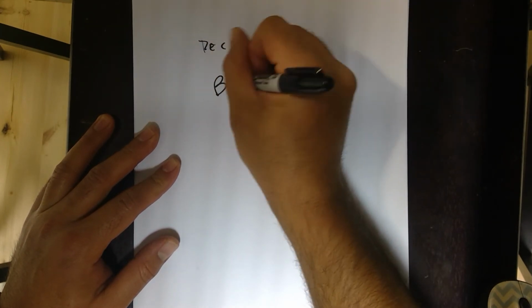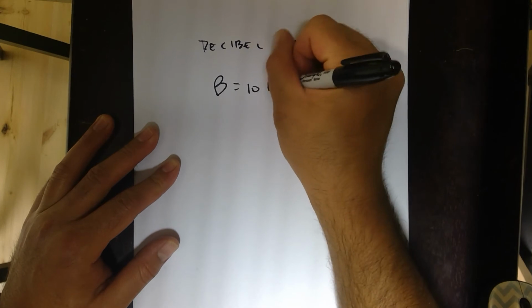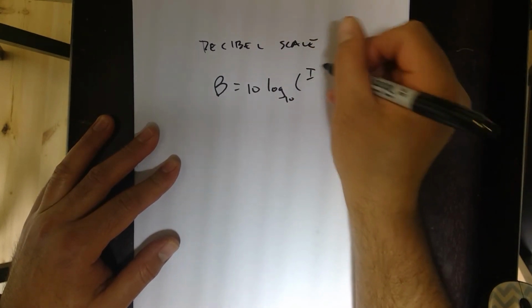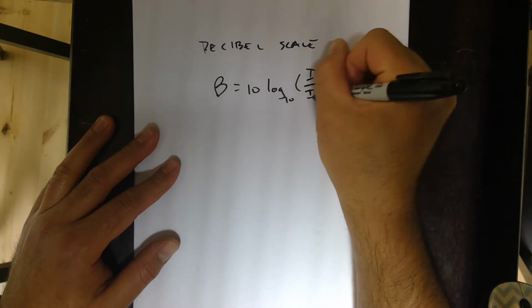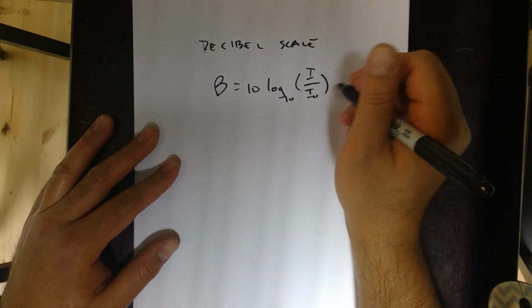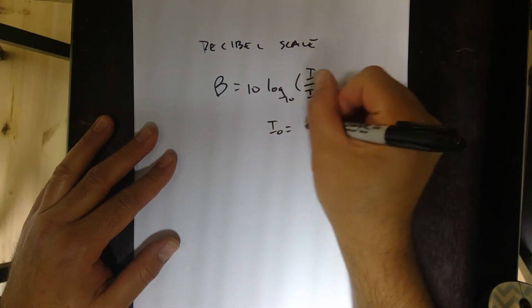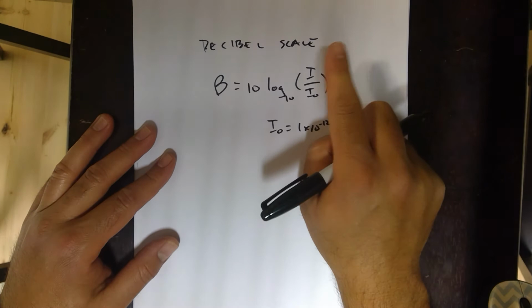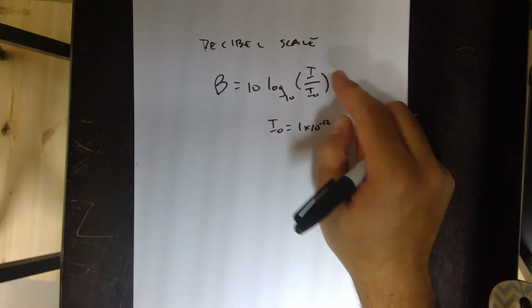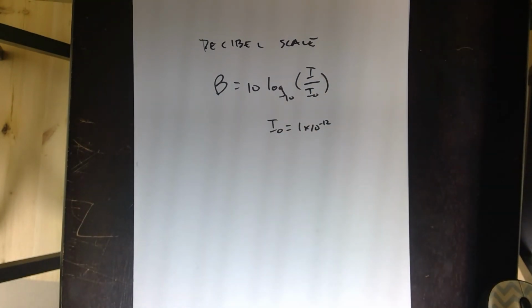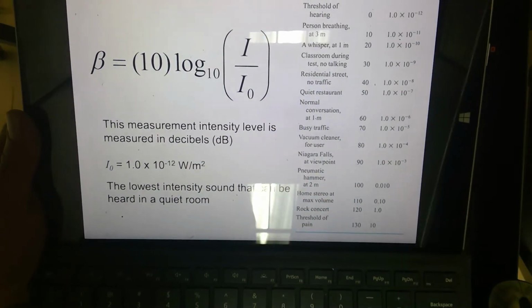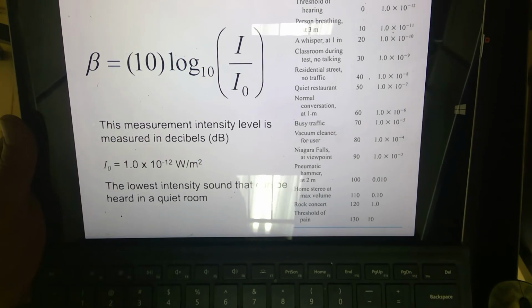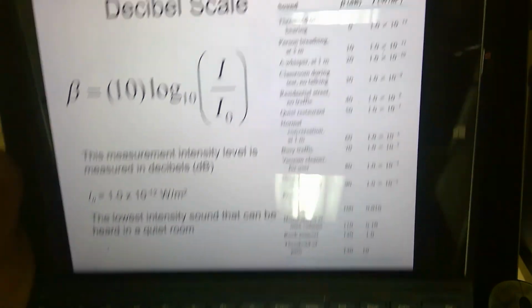So the symbol for it is beta, and it is 10 times the log, and our base is 10 here, of the intensity that we're hearing over I0, where I0 is the threshold of hearing, that pin drop sound. I0 is always 1 times 10 to the negative 12. That's a constant. So we can plug in our value for I, and we can get how many decibels that is. And then if you take a look here, a really loud rock concert's 120. Threshold of pain, where you physically hurt hearing something, that's 130.